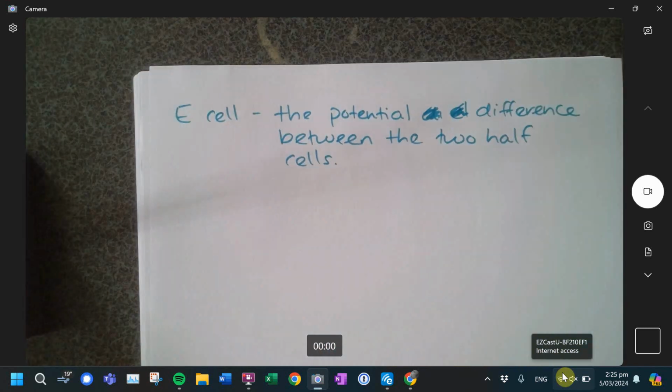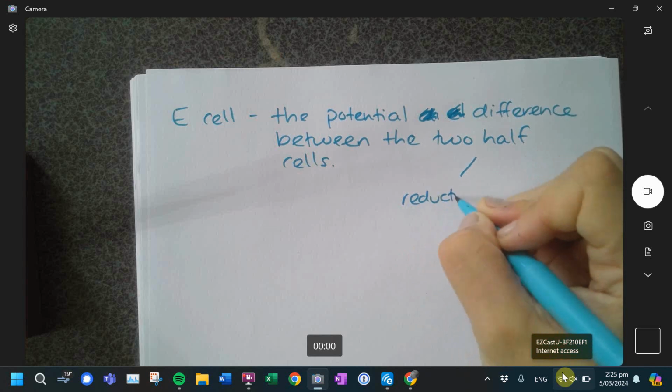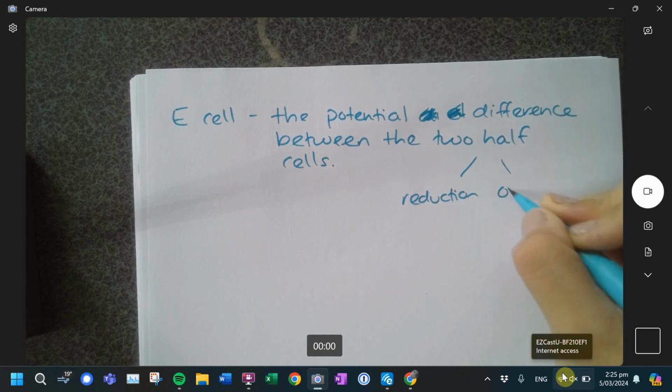So when we're talking about our two half cells, we are talking about reduction and we are talking about oxidation.